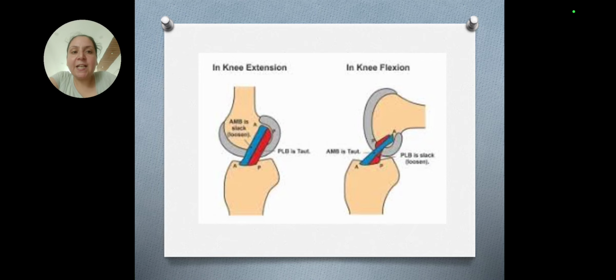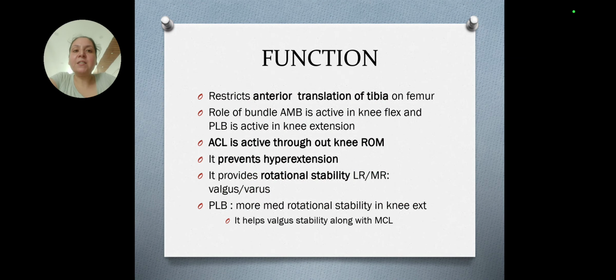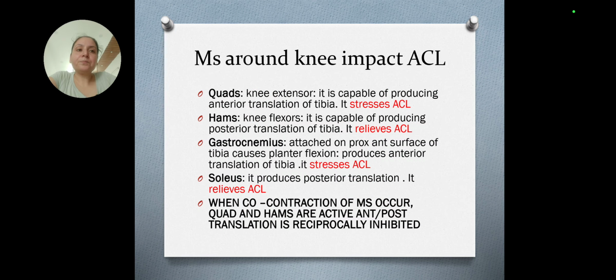Now you can see in extension, this is the red diagram, the posterolateral bundle is taut, whereas the anterior medial bundle is slack in extension. What happens in flexion is, during flexion the anterior medial bundle is taut, whereas the posterolateral bundle is slack. So this is how the movement is taking place, which is written over here.